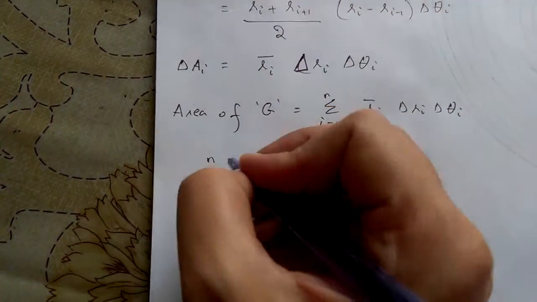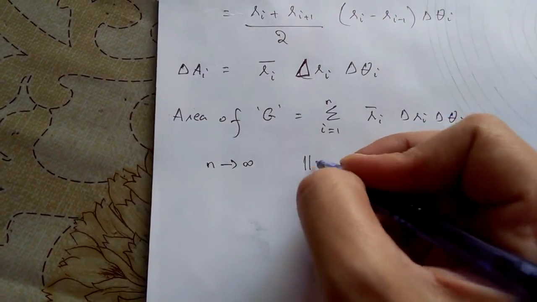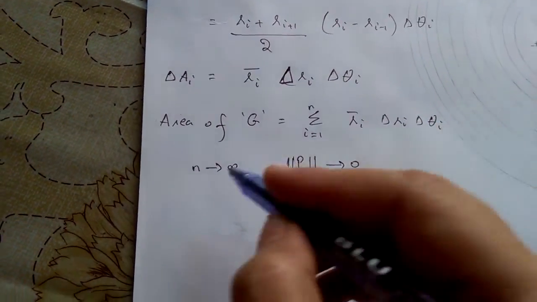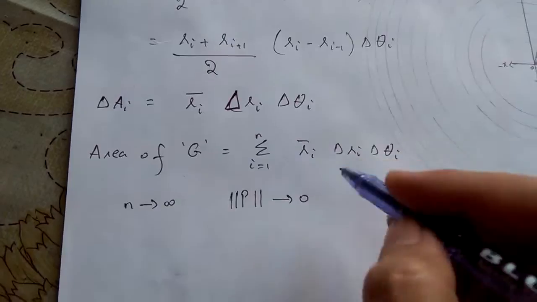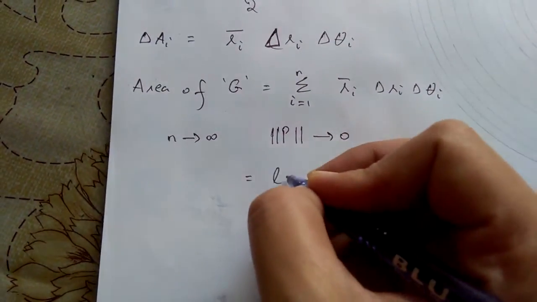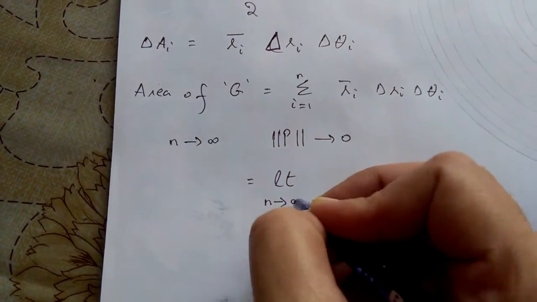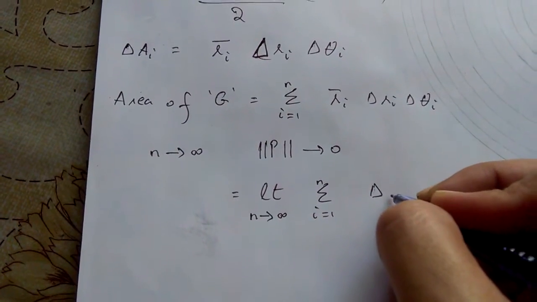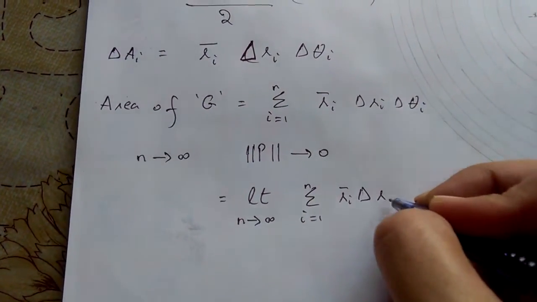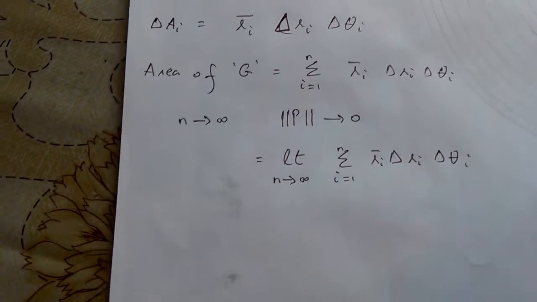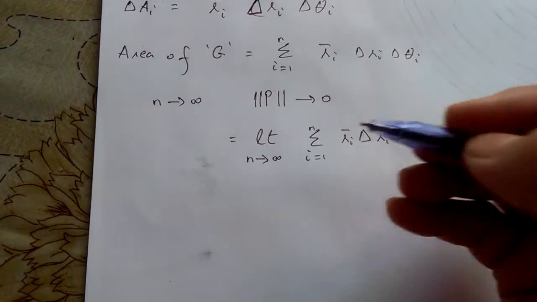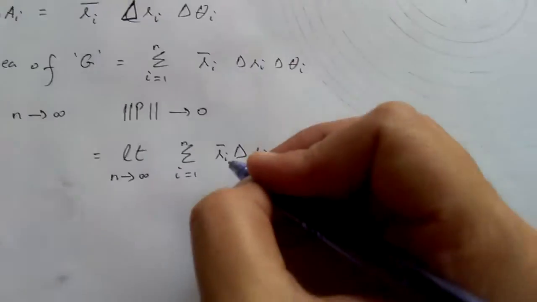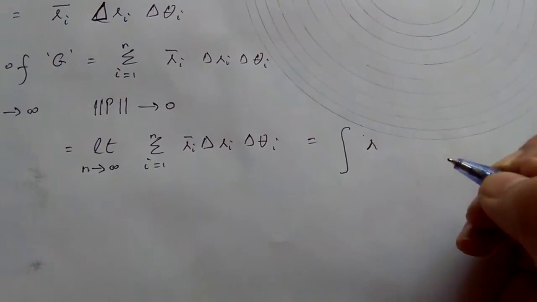And when your n tends to infinity, then the diagonal length of the rectangular strips will approach 0. Once you apply this limit over here, this summation is going to be replaced by this elongated S. This r_i bar is going to be represented by simple r.